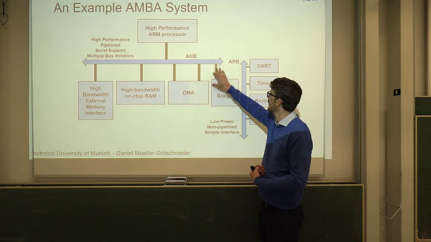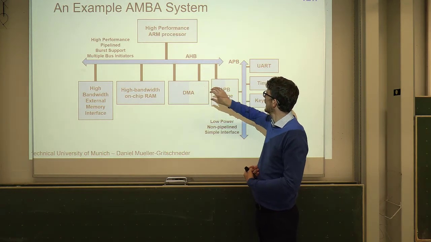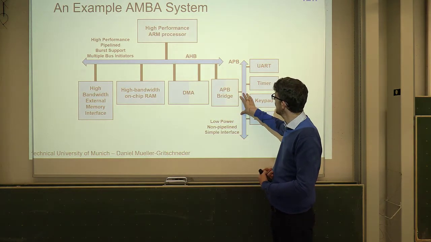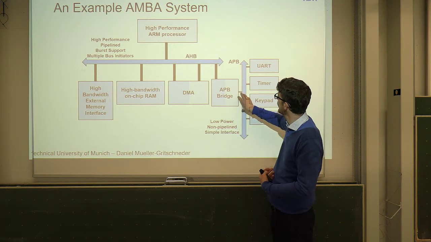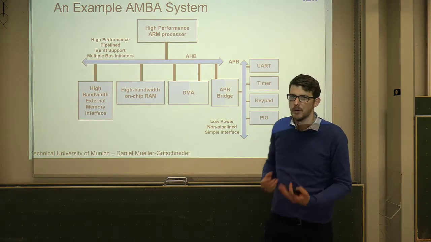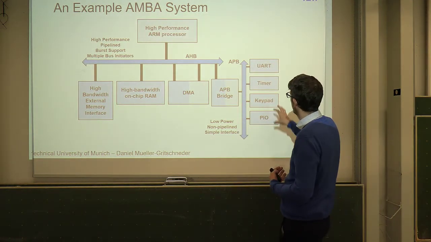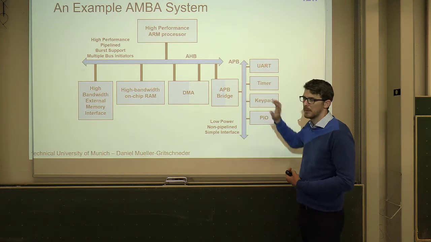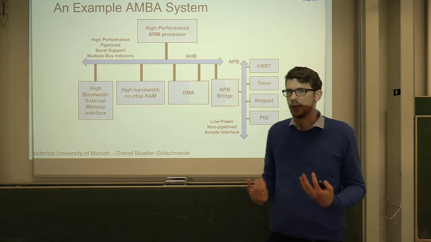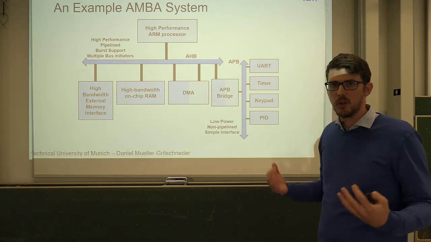Therefore, what you put in is a bridge, which translates between this AHB and a much simpler protocol, the APB protocol. You then drive all these very simple peripherals with this very simple APB protocol, and they only need very simple bus interfaces, because an AHB bus interface for a UART would be complete overkill.